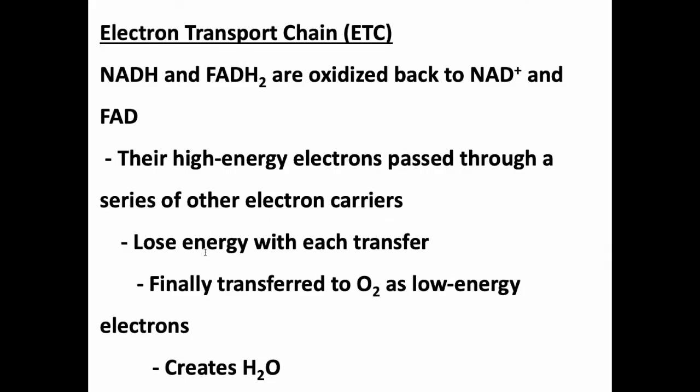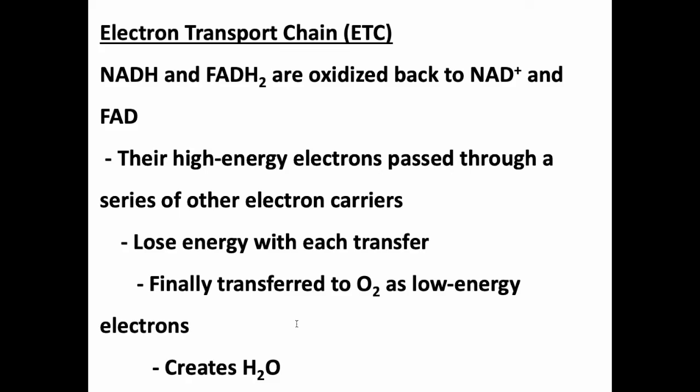They lose energy with each transfer, so that by the time they are finally transferred to O2, they are low energy electrons, and of course this creates H2O. So this is the final journey of these electrons, from high energy electrons on the carriers all the way down to low energy electrons on H2O.